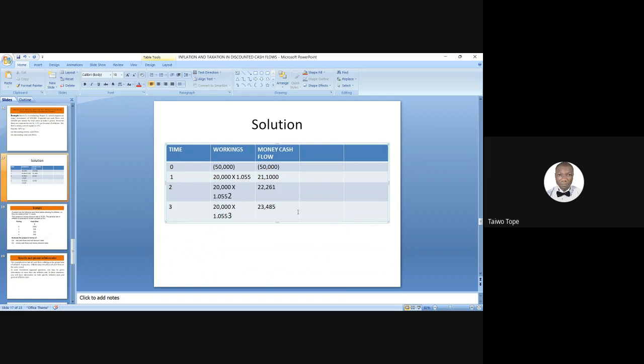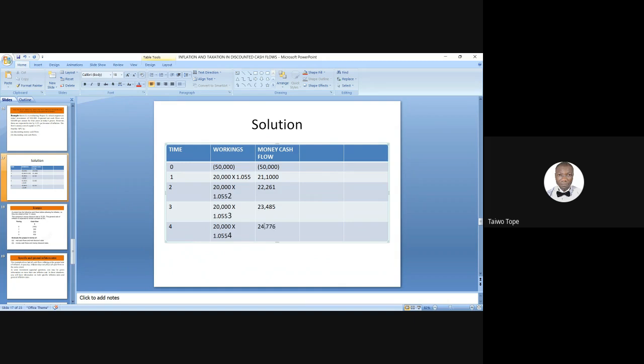And in year 4, it will be 20,000 multiplied by 1.055 to the power of 4. When you multiply, you're going to have 24,776. So these are the money cash flows.